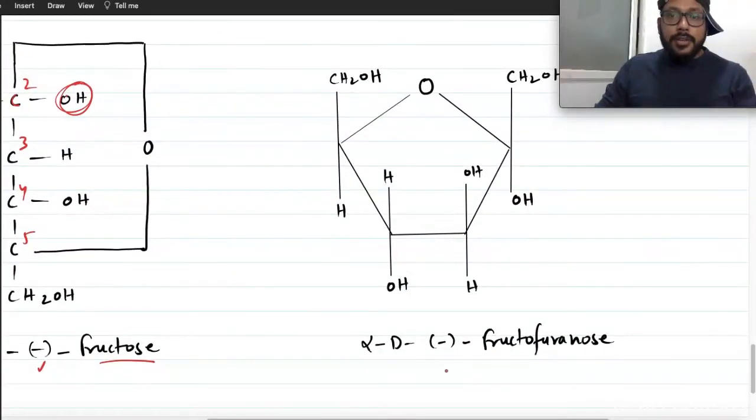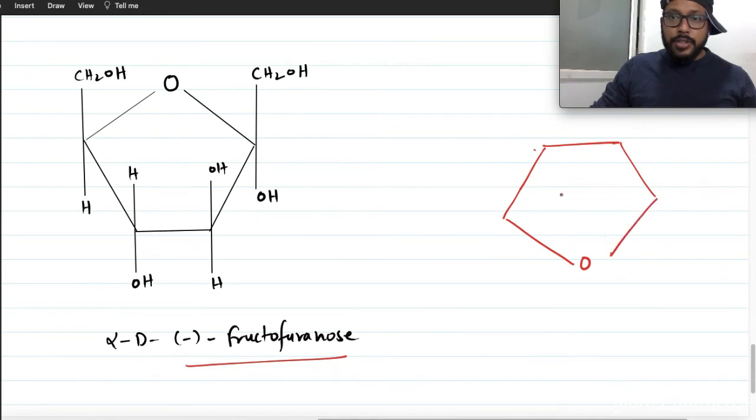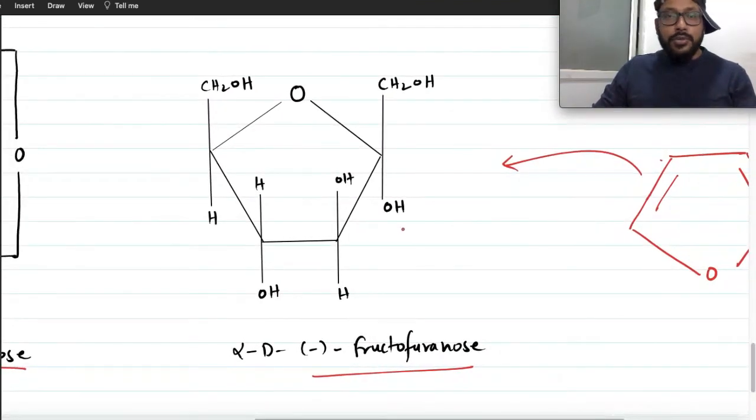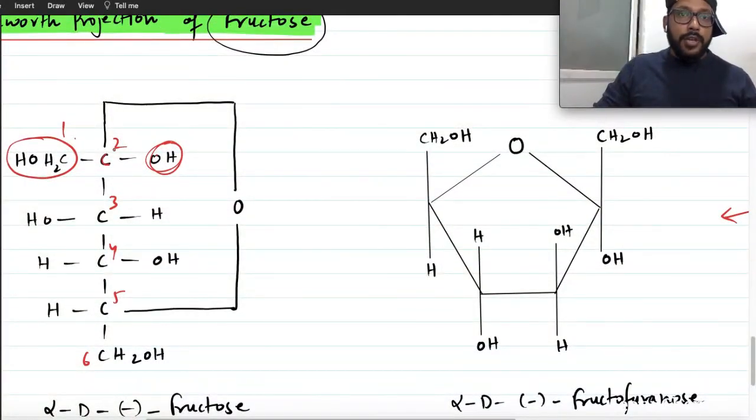And this is the furan structure. Furan structure you have seen, like this is your furan. This is your furan structure, this double bond. And the similar structure represented by Haworth to represent the fructose molecule is like this. Again, as you can see, the carbon numbers 1 2 3 4 5 and 6, right?